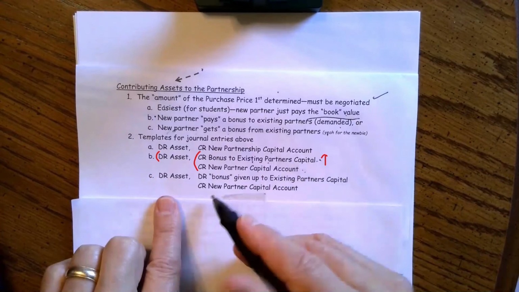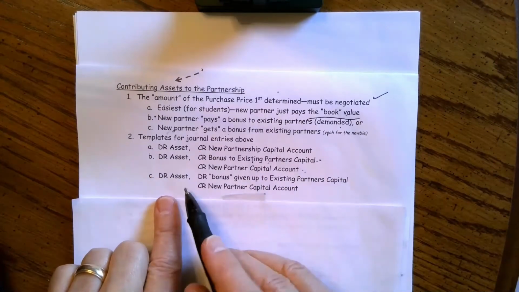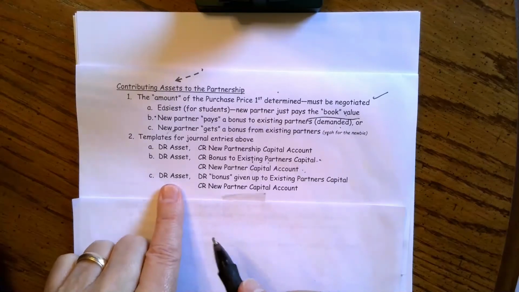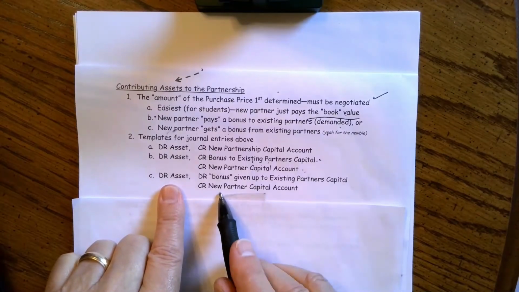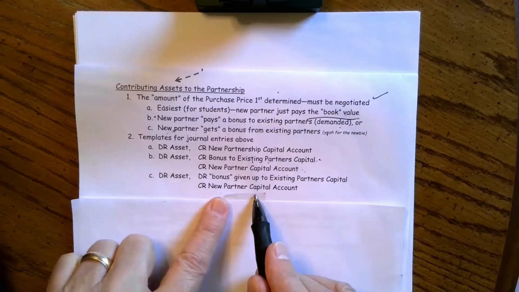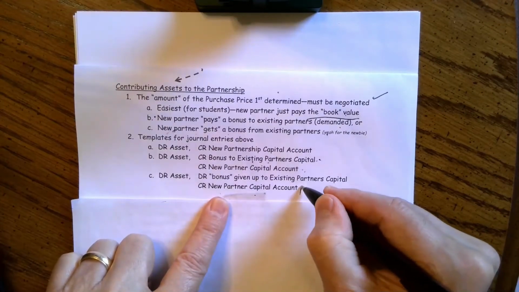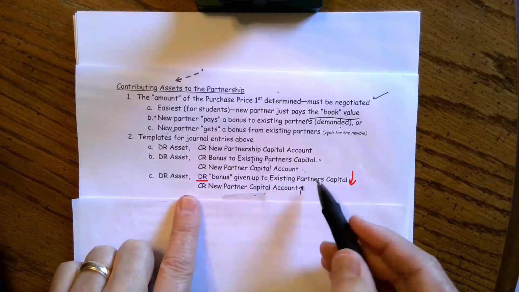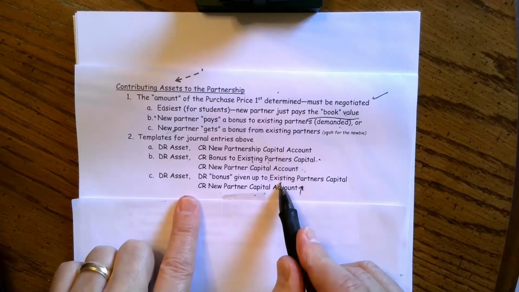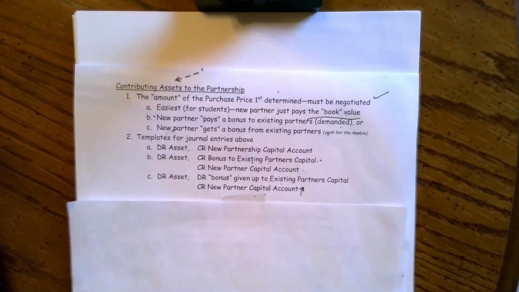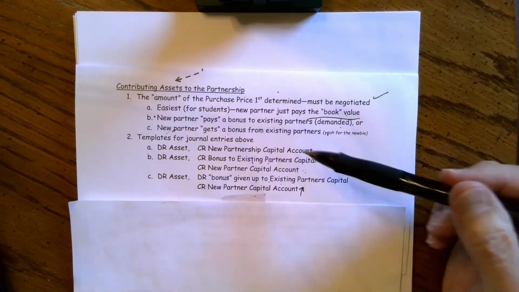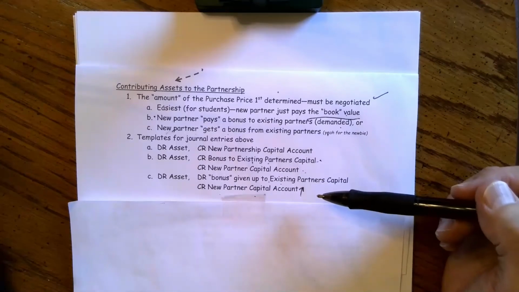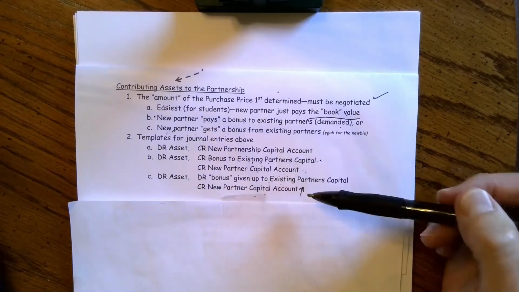Or C, the new partner coming in is given an incentive, and whatever they contribute, the new partner's capital account is credited for more than what's coming in, and the difference has to be debited or given up by the existing partners. 3 scenarios, 1 purchase price, but how much ownership interest in the capital account is given to the new partner. 3 different scenarios.